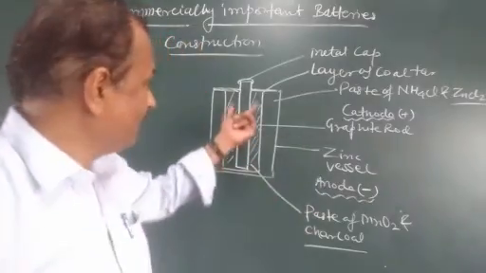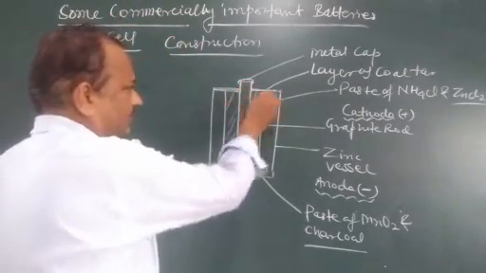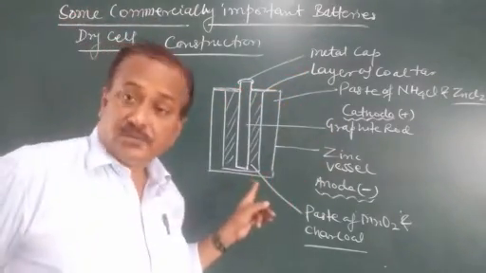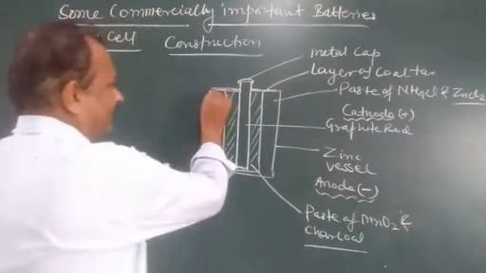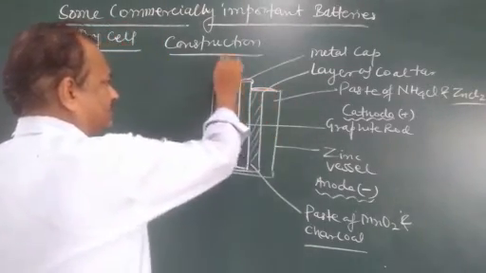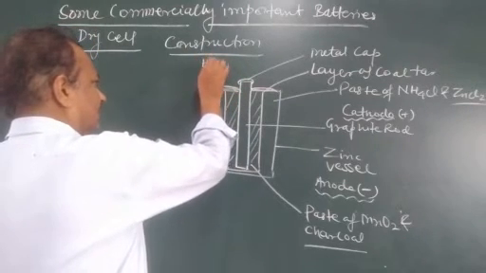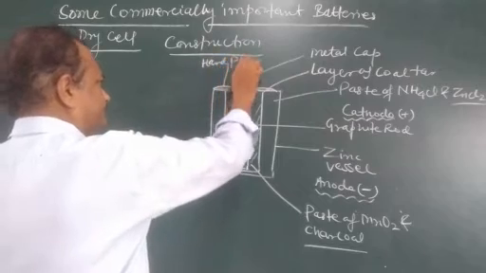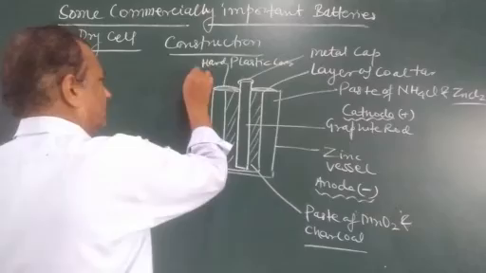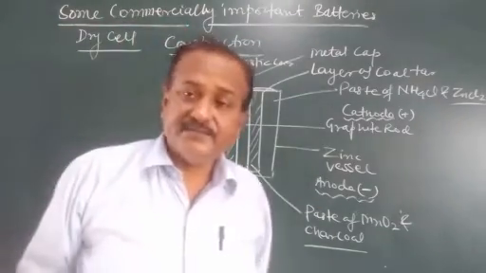It fixes the position of this carbon rod, and over it there is a layer of either steel or hard plastic cover, depending on the battery.